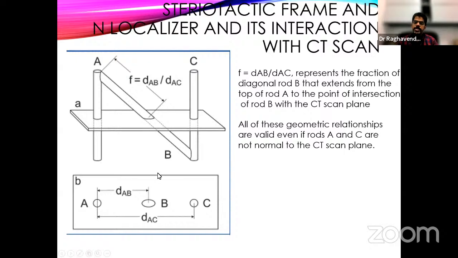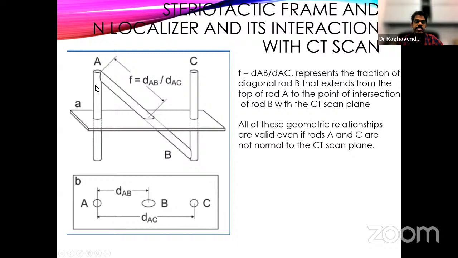All of these geometric relationships are valid even if A and C are not parallel to each other. That means while fixing the frame, the frame is not fixed perfectly onto the skull. You fix the frame first, and on top of that frame you place this localizer only during the scan. So A and C need not always be parallel to each other.